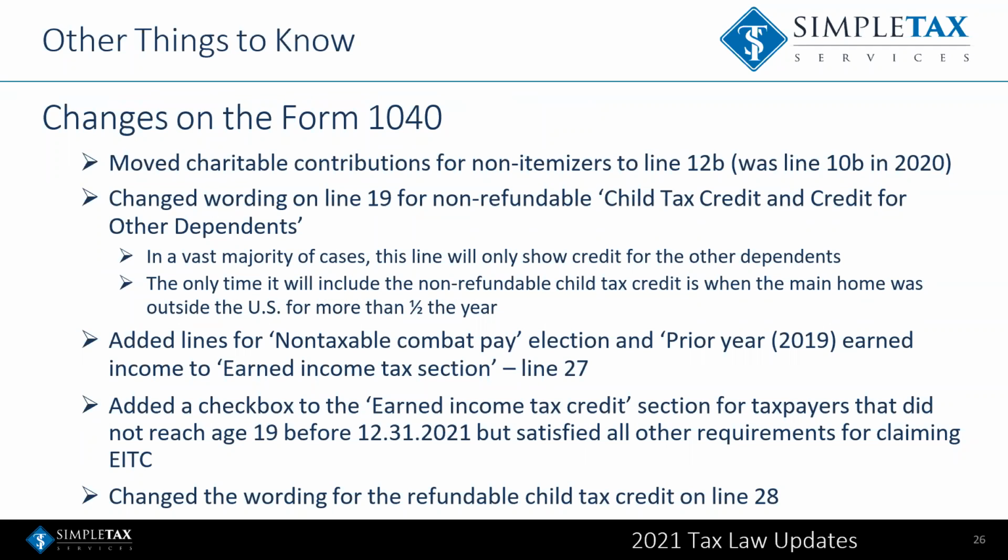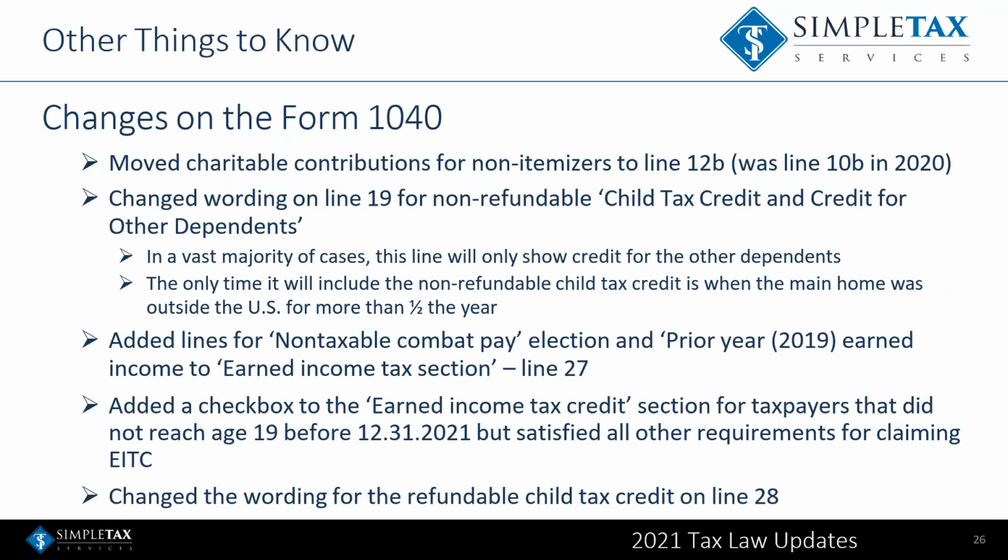So, a couple of changes on the 1040, just things that you might see that are different. One is the charitable contributions for those taxpayers that took the standard deduction versus itemized deduction has been moved from line 10B down to line 12B.